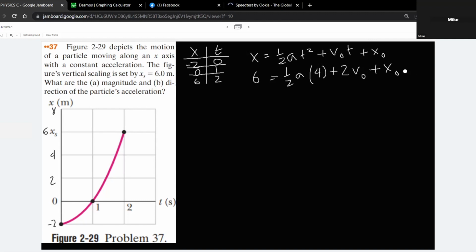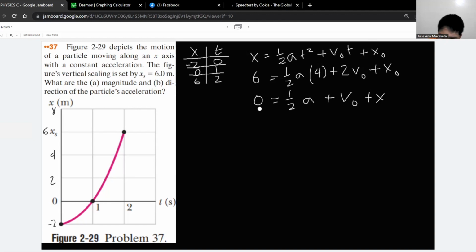Okay. Yung next equation, so when t is equal to 1, nakita ko na po. And then yung dulo, negative 2. Okay.